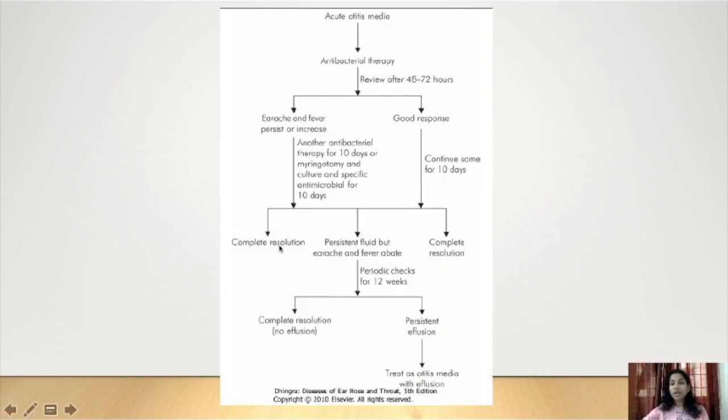So this is a chart showing the treatment. Acute otitis media: antibacterial therapy can be given. If a good response is there, then we will ask them to continue for 10 more days until complete resolution. If it is not there, and earache and fever persist, then we have to give another antibiotic, or we have to do a culture of this pus.